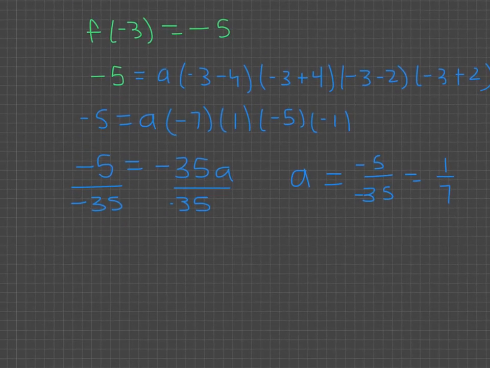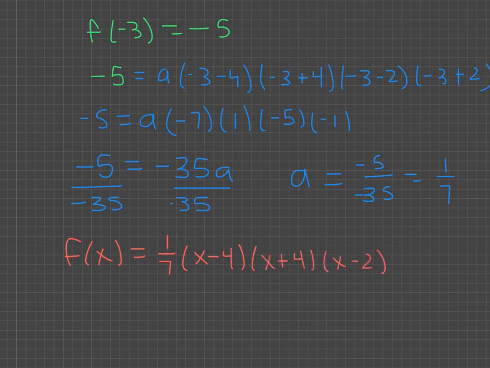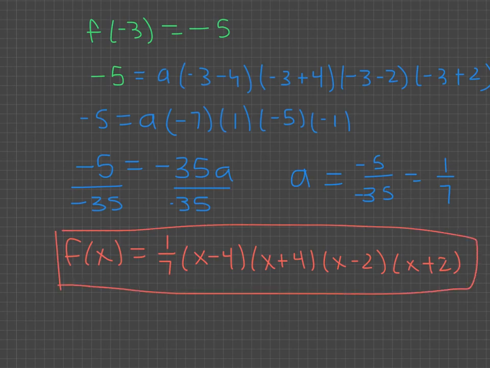So we go back to writing the function: f of x equals 1/7 times x minus 4, x plus 4, x minus 2, x plus 2. And that is the polynomial of least degree with those zeros.